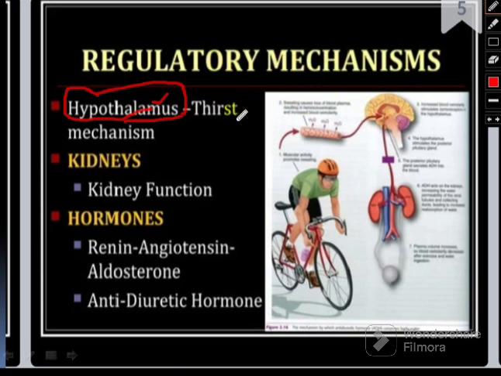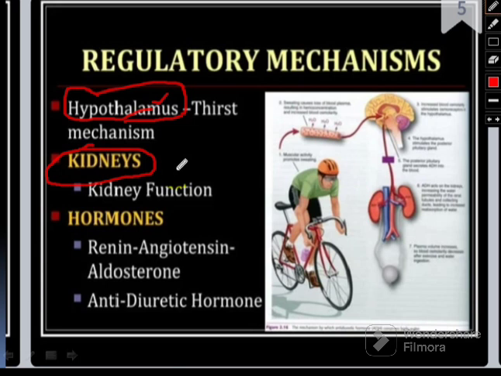Yes, it's the kidney. The kidney also serves as an endocrine gland, because it secretes certain hormones that help to regulate not just blood volume but also the ECF volume.